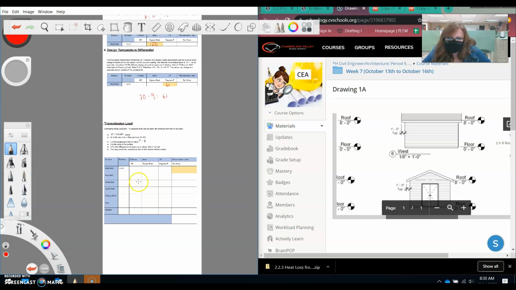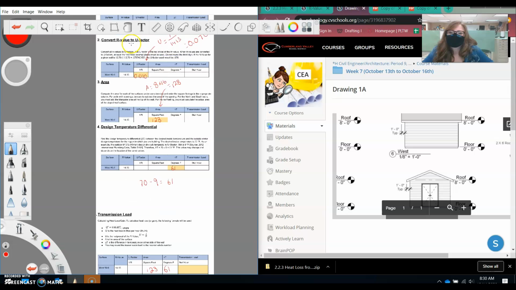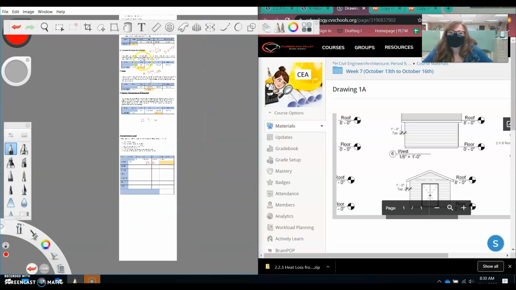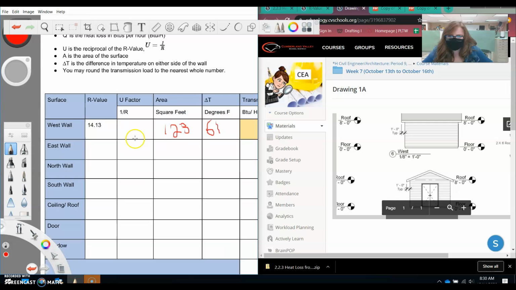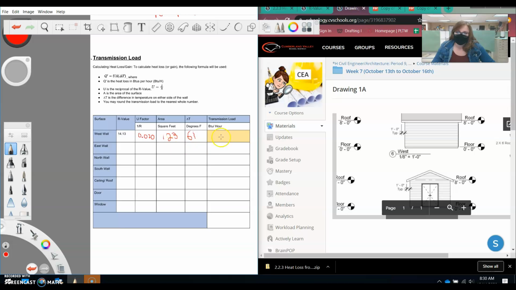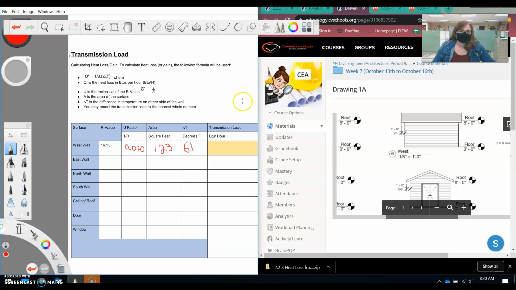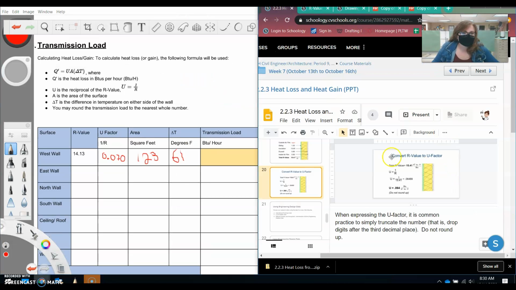So this is 61, this is 128, we got 0.07. Sorry, my handwriting is a little atrocious. But now we need to calculate all that information.